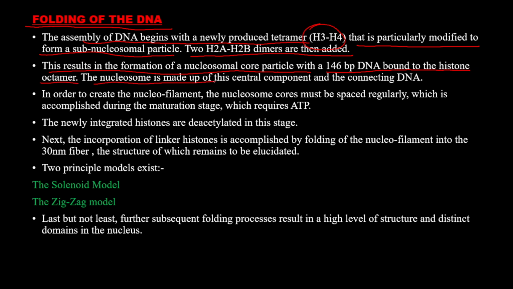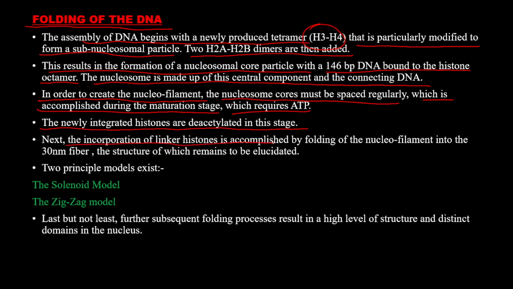The nucleosome is made up of this central component and the connecting DNA. In order to create the nucleofilament, the nucleosome cores must be spaced regularly, which is accomplished during the maturation stage, which requires ATP. The newly integrated histones are deacetylated in this stage.